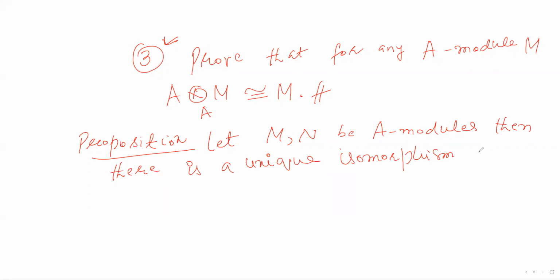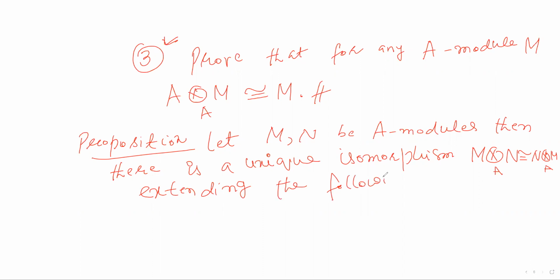which sends M tensor product N over A isomorphic to N tensor product M over A, extending the following map on generators.